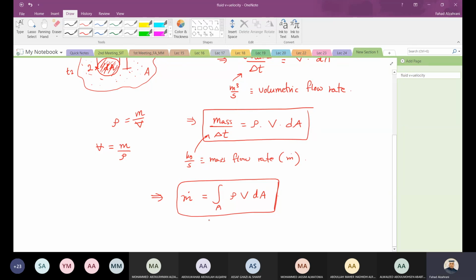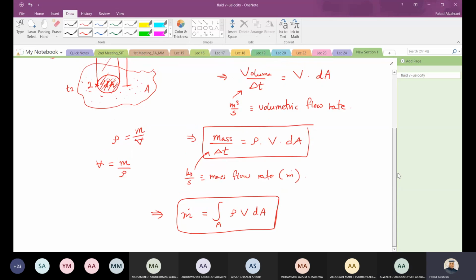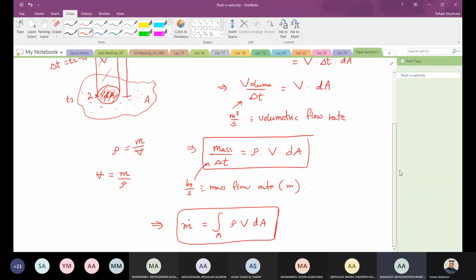So at different locations in the area, if you have different density and different velocity, then you need to integrate in this case. في سؤال هنا؟ دكتور شيء مو واضح؟ Yes. كيف نسوي انتجريشن للاريا؟ لا تسألني. calculus. اي بس الاريا ثابت. الاريا ما له علاقة ثابت. هنا عندك هذه is a function of area. يعني you need to have an equation or a function for this as a function of area. زي ما قلت لك ممكن هنا الفيلوسيتي 2 متر per second في الاريا هذه. في الاريا هذه اللي بجنبها ممكن 3 متر per second.